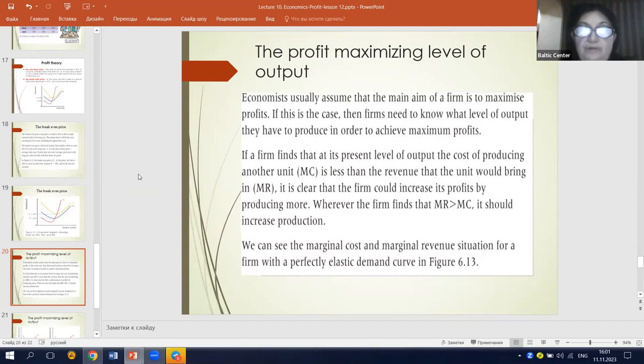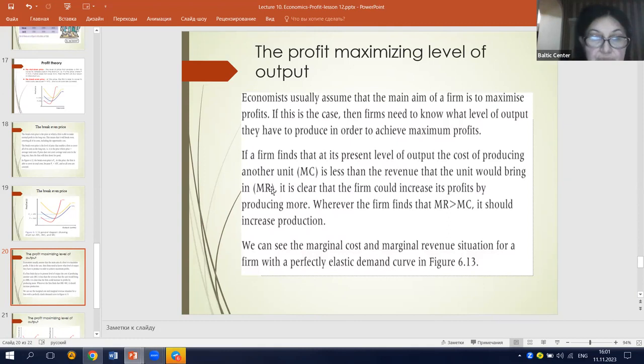If the company finds that at its present level of output, the cost of producing another unit is less than the revenue that unit would bring in, marginal revenue, it's clear then the company could increase the profits by producing more. So wherever the company finds that marginal revenue is more than the marginal cost, it should increase production.